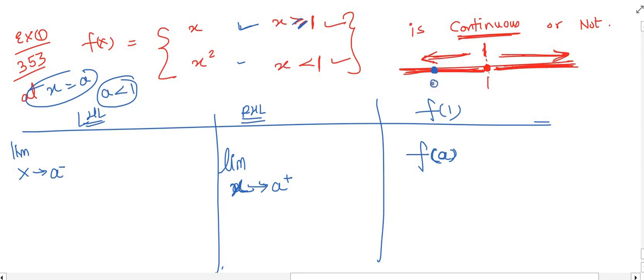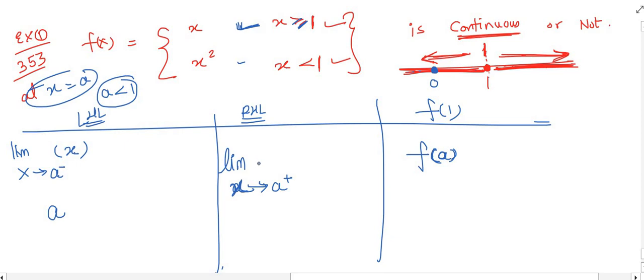So a minus means less than 0, because I am assuming it is 0. So less than 0 is less than 1, of course. So which one should I take? This one only. So let me put here x. X is equal to a, you put, a is the answer. This is LHL. Correct?